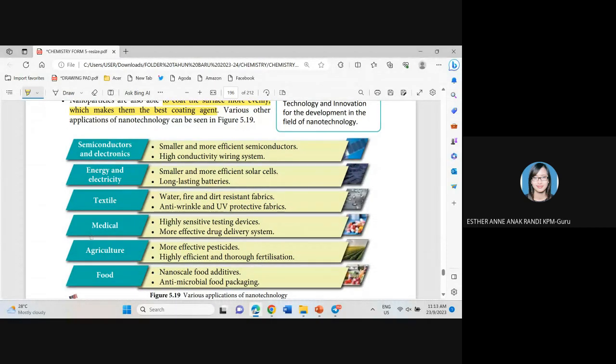Next, we have nanoparticles in medical. Okay, so highly sensitive testing devices and drug delivery system. We have nanoparticles in agriculture for effective pesticide and fertilization. Lastly, in food production, in food additives and food packaging.